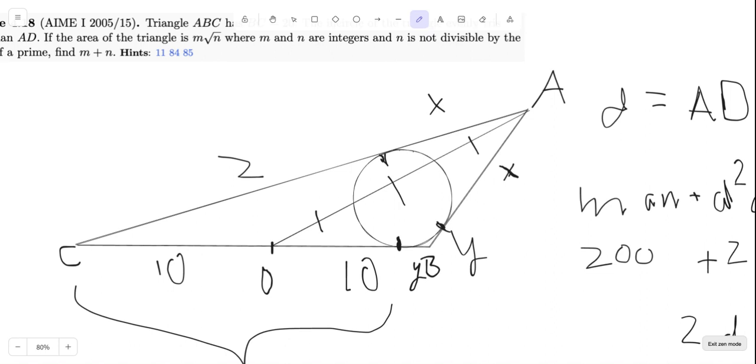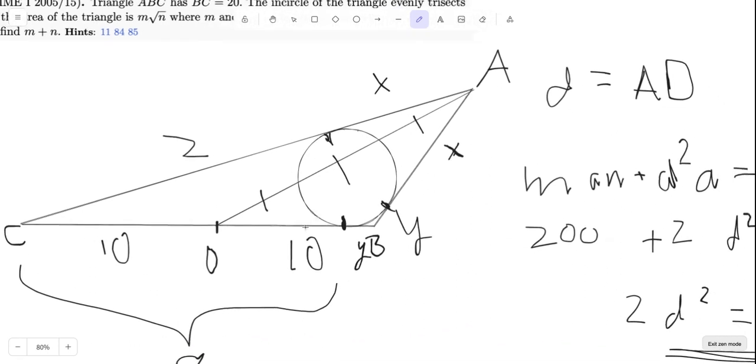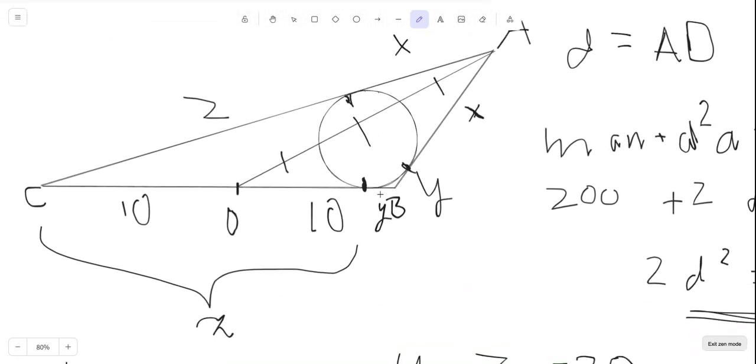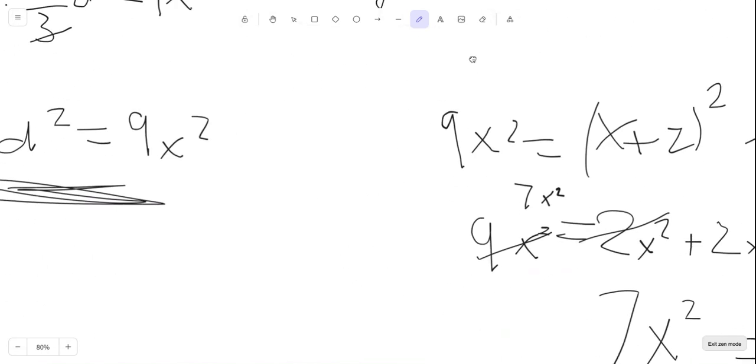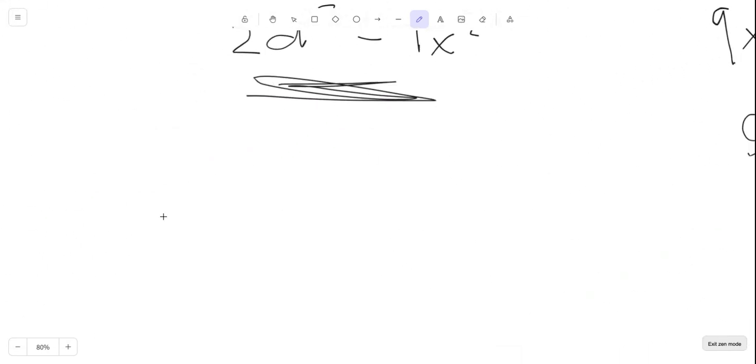So we can use power of a point with respect to D. We have 1/3 of d times 2/3 of d equals this length squared, the tangent. Since this is y and the total length here is 10, this tangent has length 10 minus y.